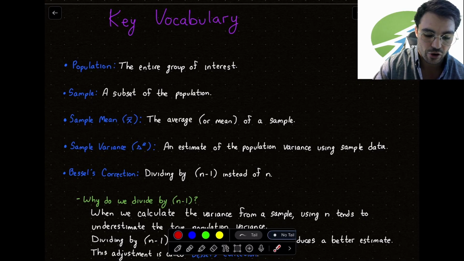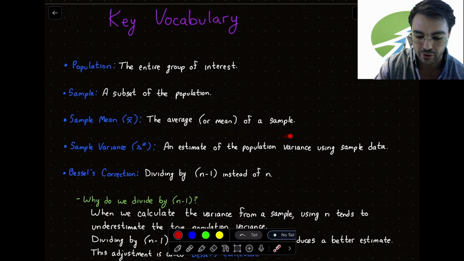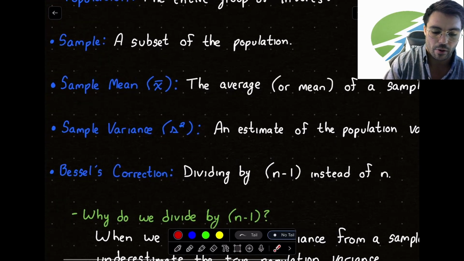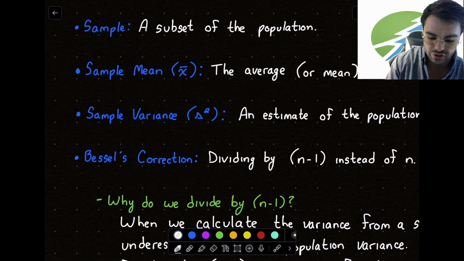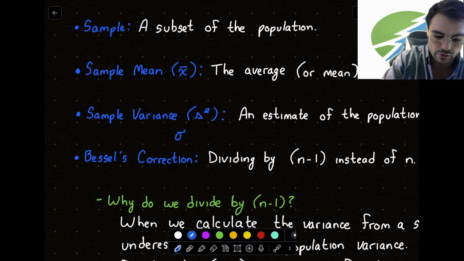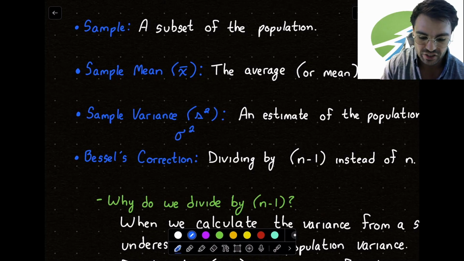Sample variance. So let's read the definition first: an estimate of the population variance using sample data. For population variance, we used this symbol here. For sample variance, we just use the letter S squared.